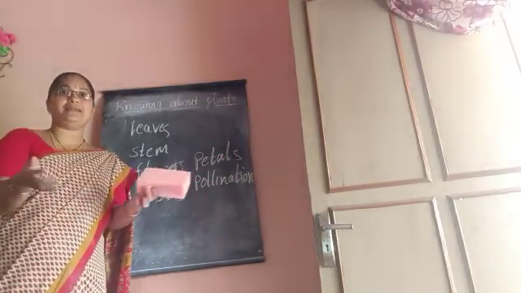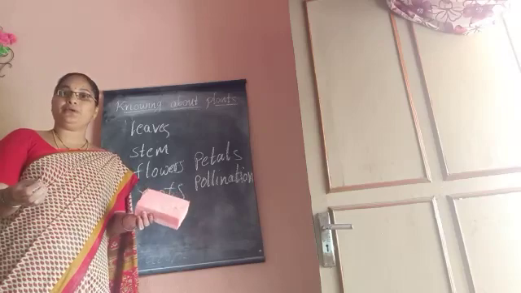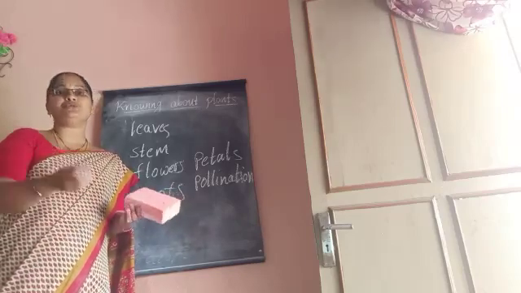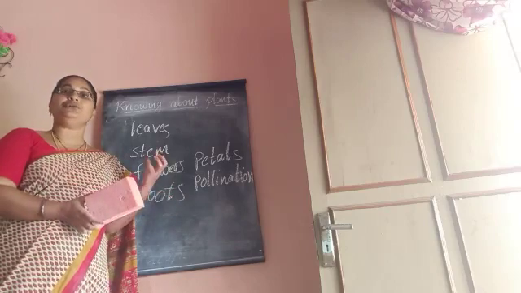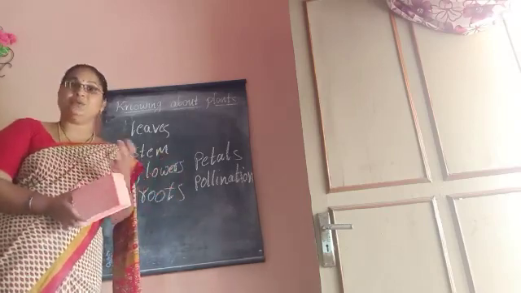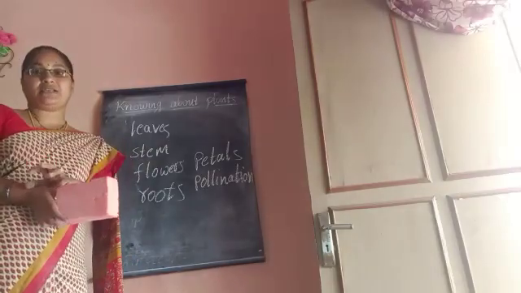We are growing more plants in our gardens. Why are we planting them? To give beauty to nature. Flowers are very colorful, so to give beauty to nature, we are growing plants in our surroundings.